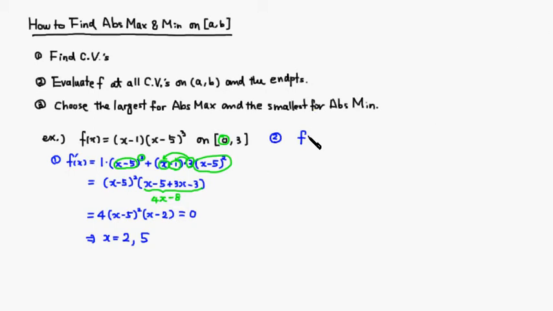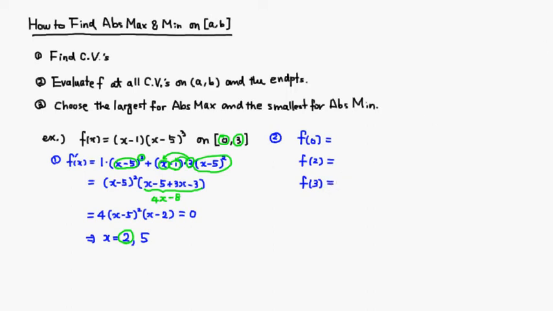So you have f of 0 that we're going to evaluate, and also we have a critical value, which is 2, the next one, so we have to look at f of 2. Then also we have another number, 3, the other endpoint, so we have to look at f of 3.